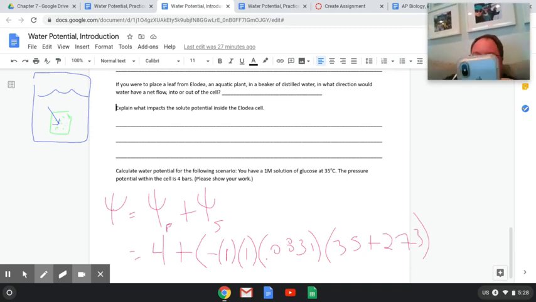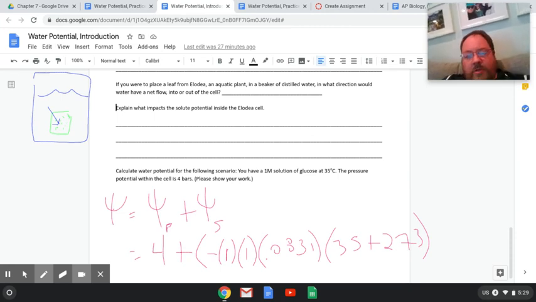All right, so again, I need to grab my phone here and do some math. Okay, so this number ends up being negative 25.6 plus 4, so minus 21.6 bars.